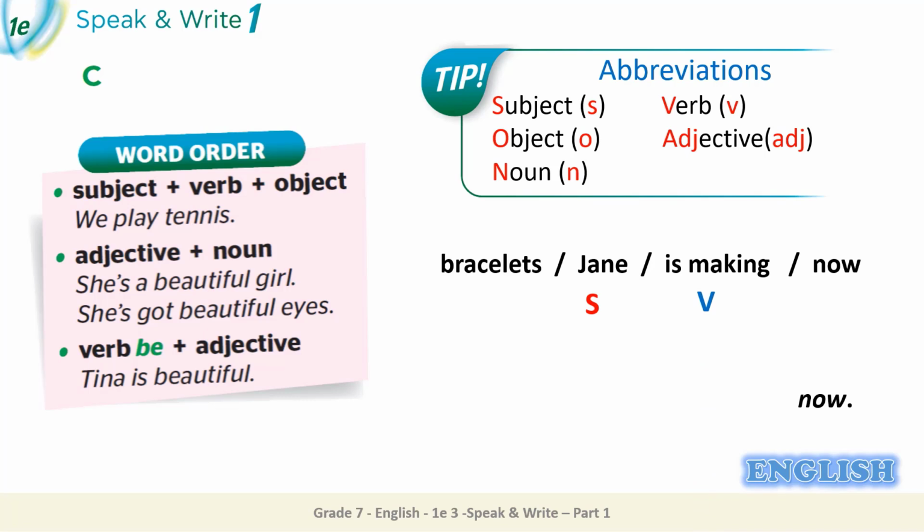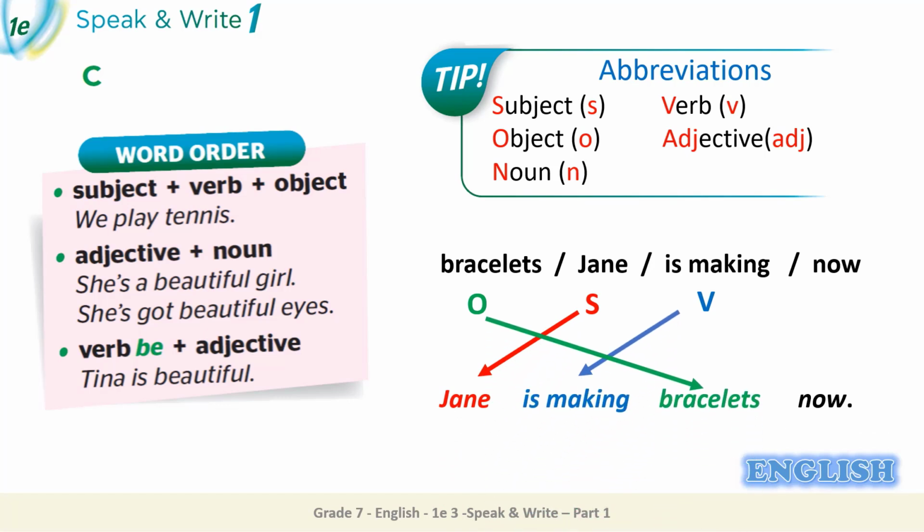How about the object? That's correct. The object is bracelets. Now, let's put this sentence in order. Who can tell me? That's correct. It will become, Jane is making bracelets now. Perfect, guys.